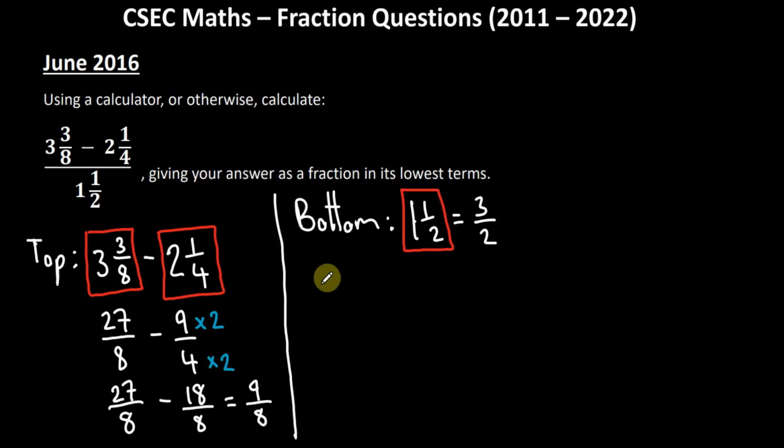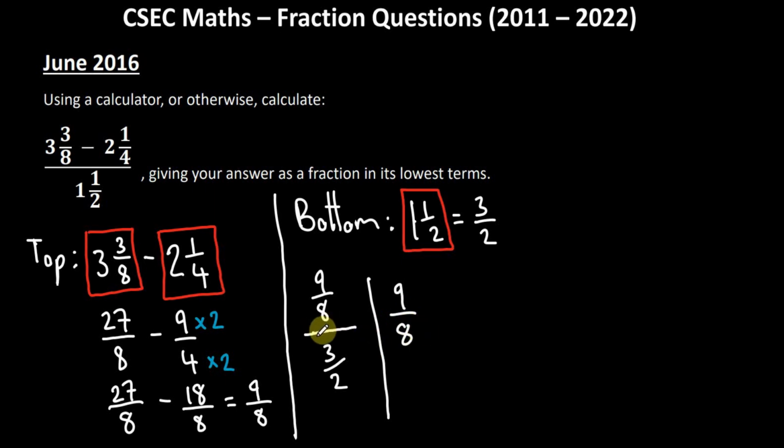So in theory, what we'll have here is 9/8 with the fraction bar sign here and 3/2 there, right? Now, another way how we could write all of this, instead of writing this using the fraction bar, I'm going to write it like this instead. So it's 9/8.